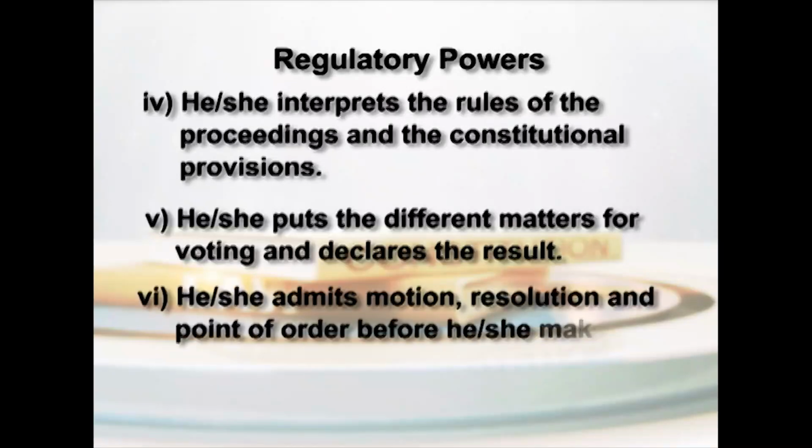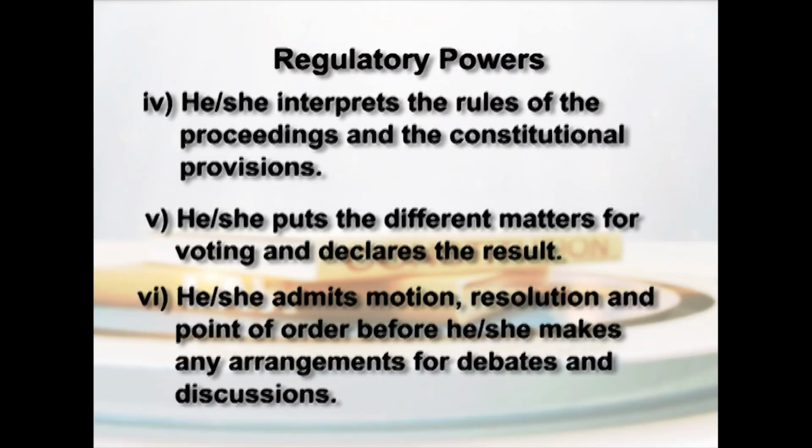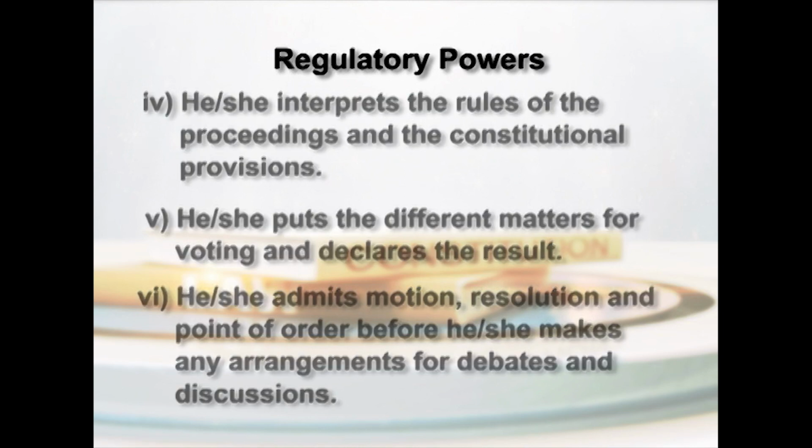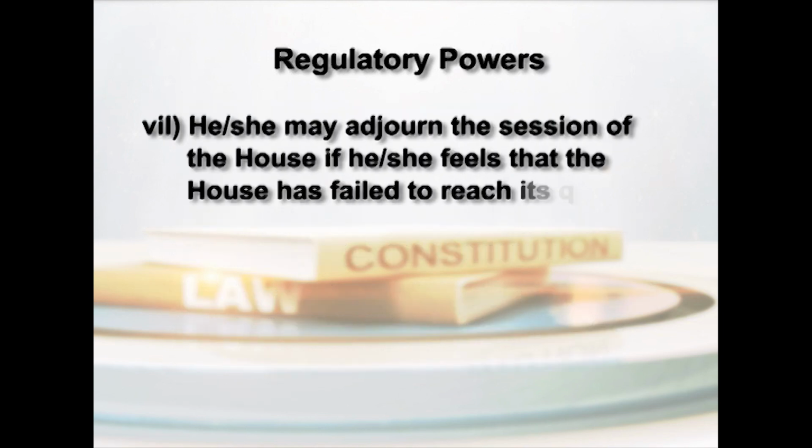It is within the powers of the Speaker to admit motions, resolutions and points of order before he makes any arrangement for debates and discussion. The Speaker may adjourn the session of the House if he finds that the House fails to reach its quorum.